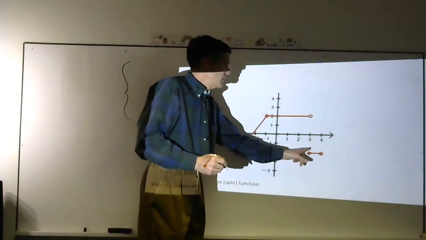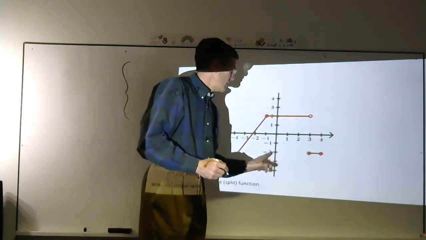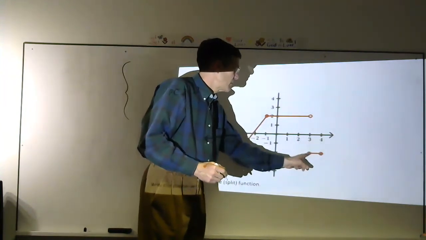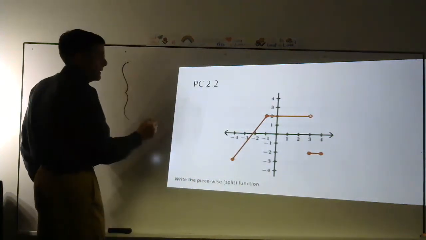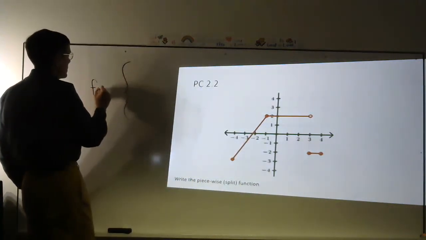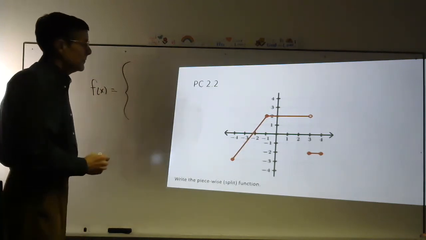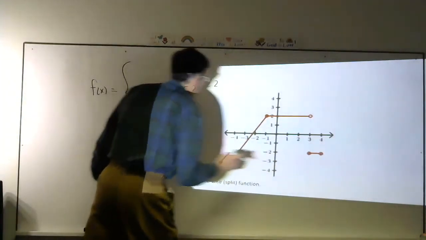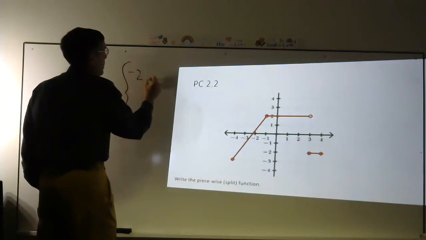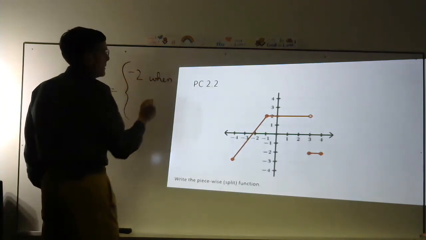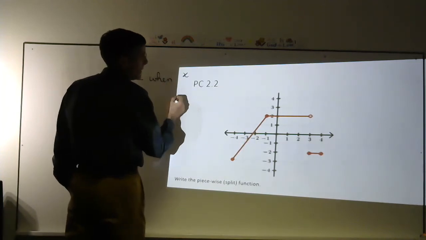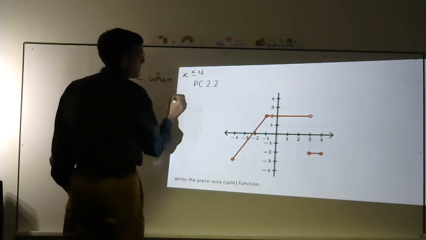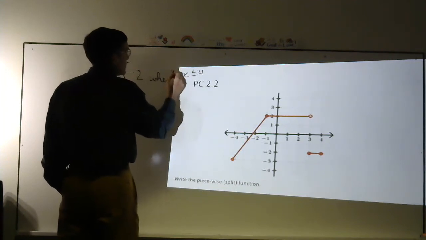However, here at the right, you can see the y values here are -2 when the x values are from 3 to 4, right? So I know that my function, f of x, the y values are -2 when x is between 3 and 4, when x is less than or equal to 4 and bigger than or equal to 3.